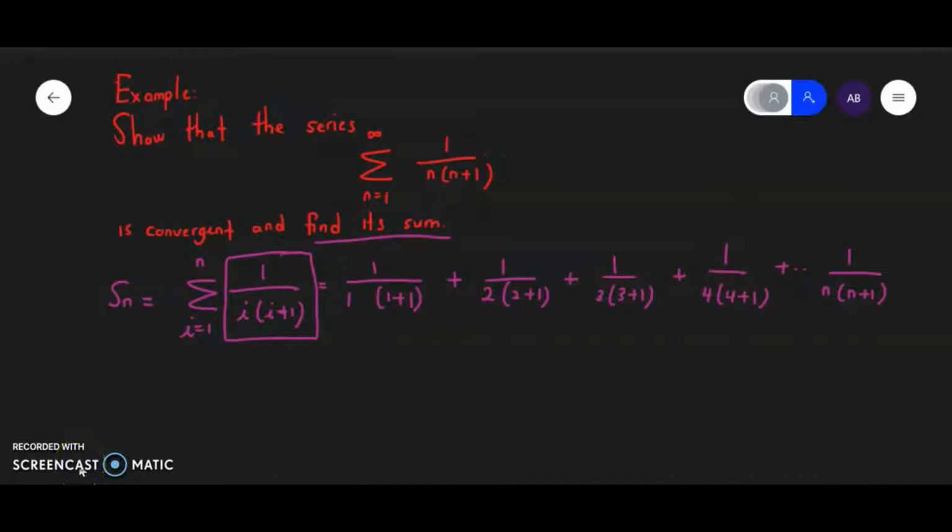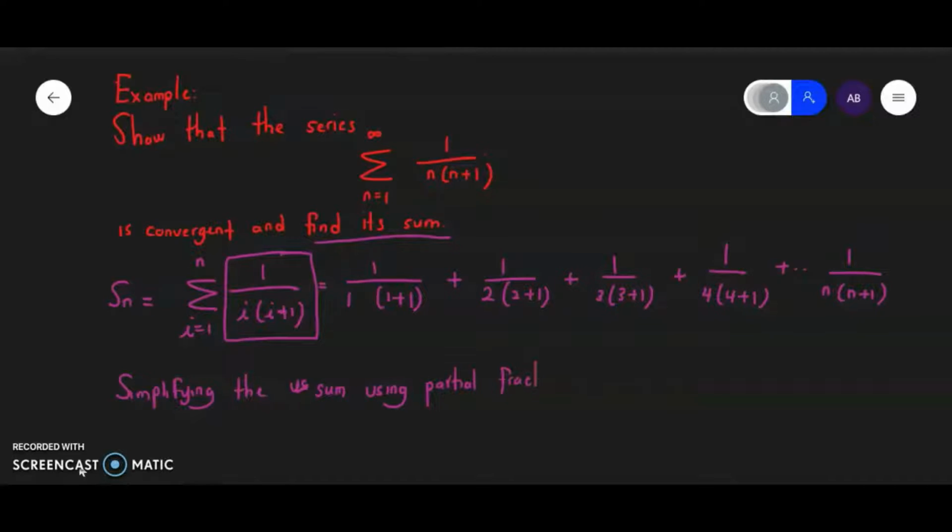Now I need to simplify the partial sum using partial fractions.